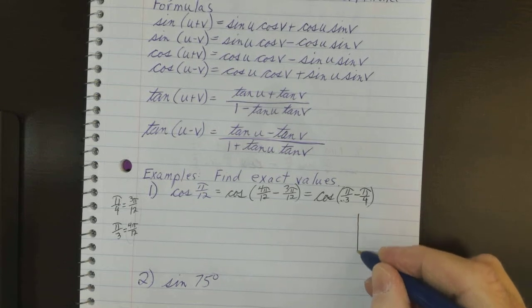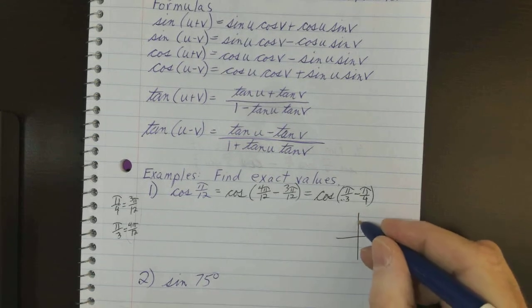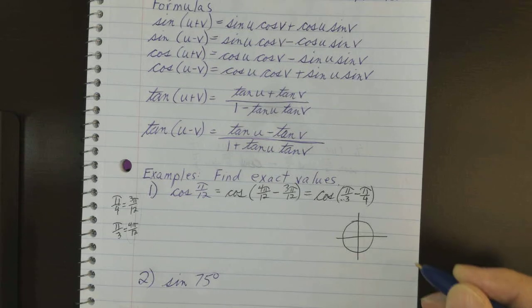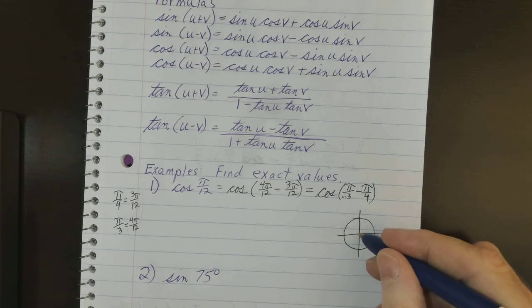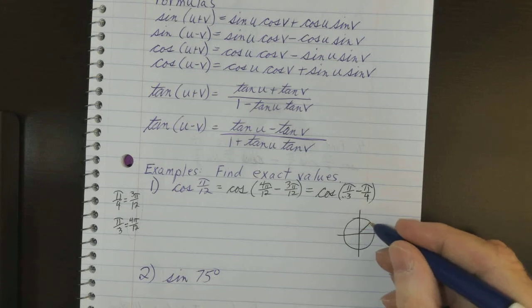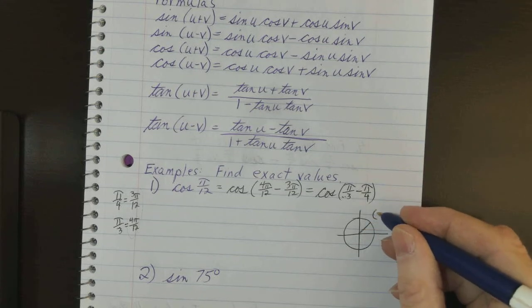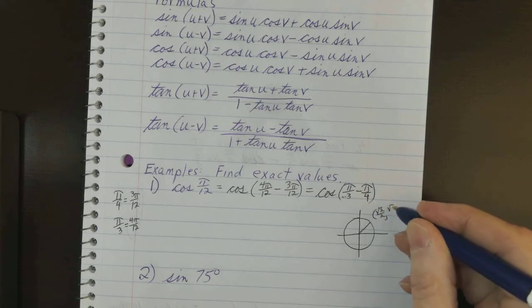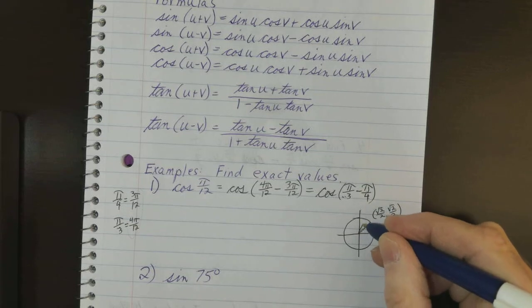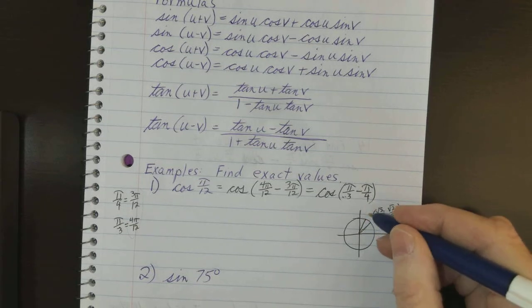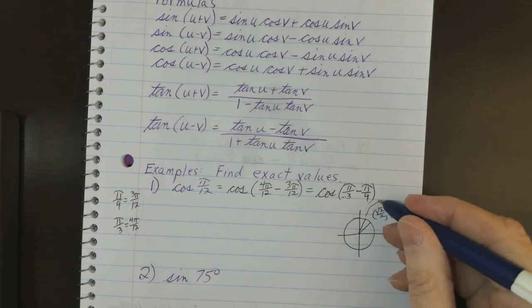Okay, now these are on our unit circle, and we need the cosine and sine of both those. I'm going to draw. Oh, look how pretty that is. Okay, pi over 4 is right here, and you know the cosine is the square root of 2 over 2, and the sine is the square root of 2 over 2. And then pi over 3 is up here, and let me just draw over here.